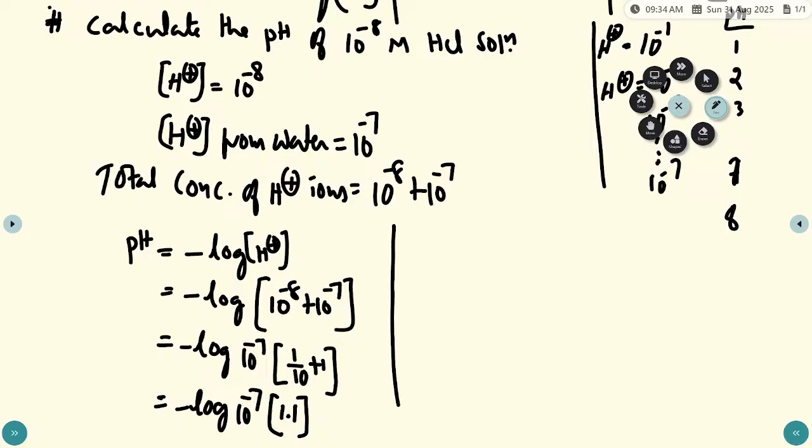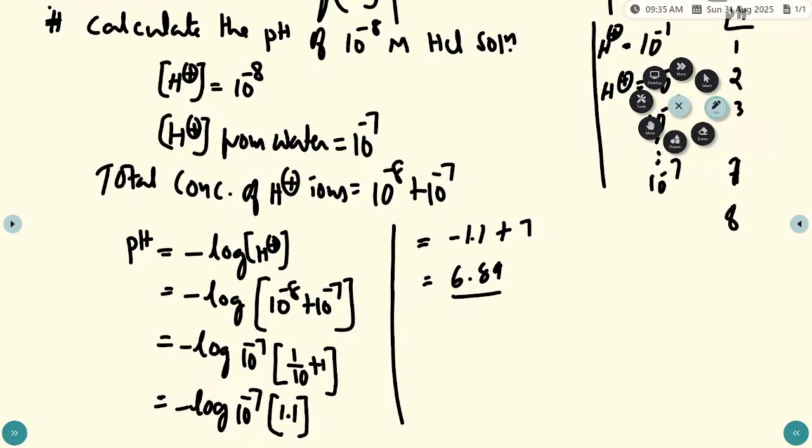So it is equal to 7 minus log 1.1. Okay, so 7 minus 1.1 means 6.89. So this is the pH of the solution, 6.89.